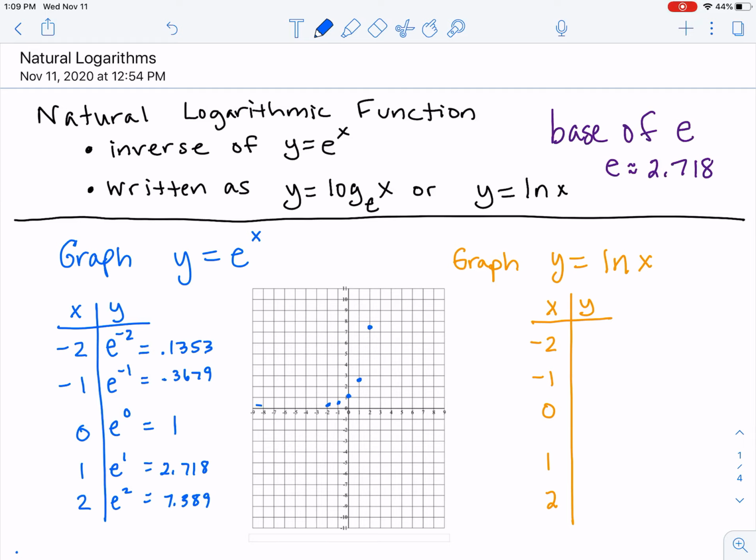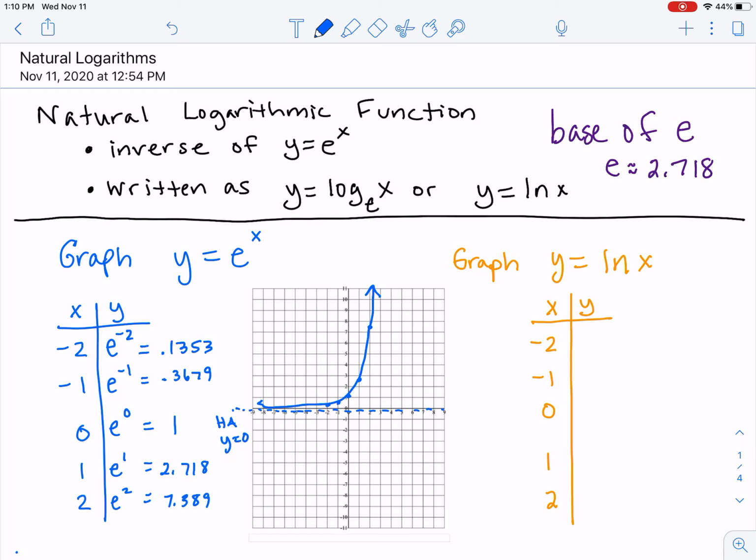Okay, so this is an increasing function. Actually, let me fix that a little bit. It's going to level off there. That looks a tiny bit better. So that is y equals e to the x. I also want to point out it does have a horizontal asymptote at y equals 0.